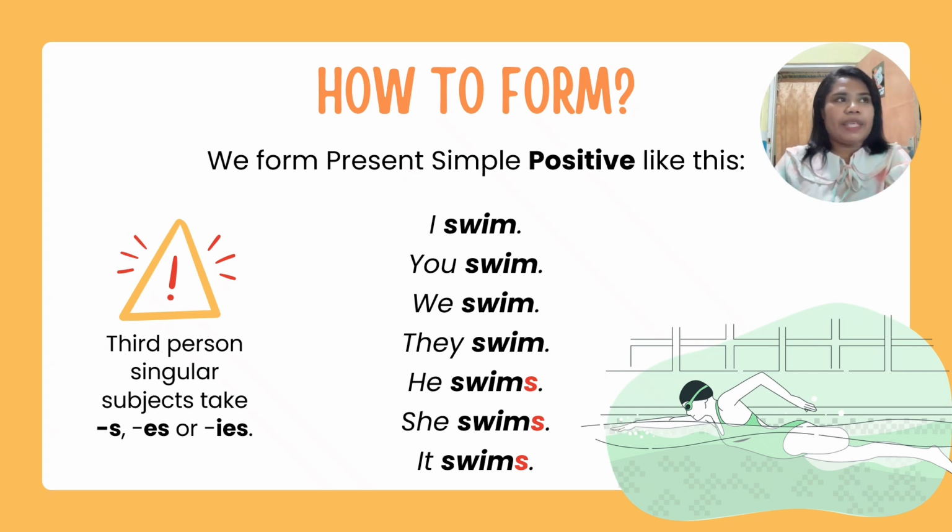Here are examples based on the formula that I gave you previously. We form the simple present tense in a positive sentence like this: I swim, you swim, we swim, they swim, he swims, she swims, it swims. The third person singular subject takes es or s.